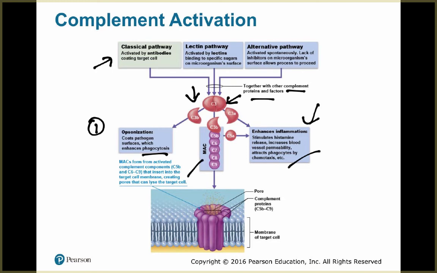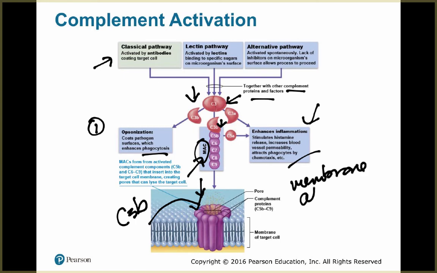And the last part is this here. When C3b binds to a target cell, it's going to trigger the insertion of complement proteins called MAC, membrane attack complexes. And so what does it do?